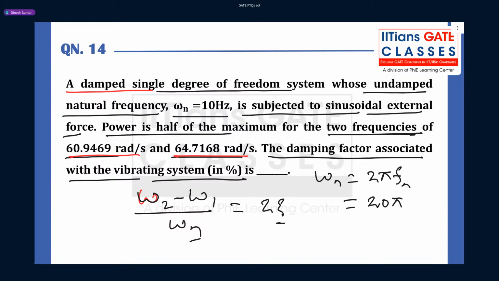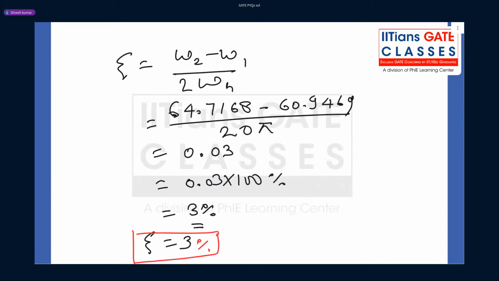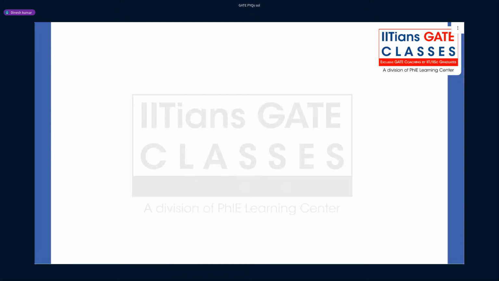I was thinking the numerical value as 30 percentage you have written, but Ashish, it's a 3 percentage. I think it should be 3 percentage. Okay, done. So let's move to next question.